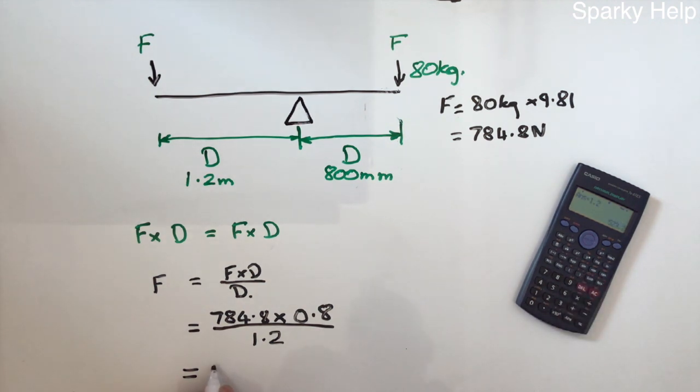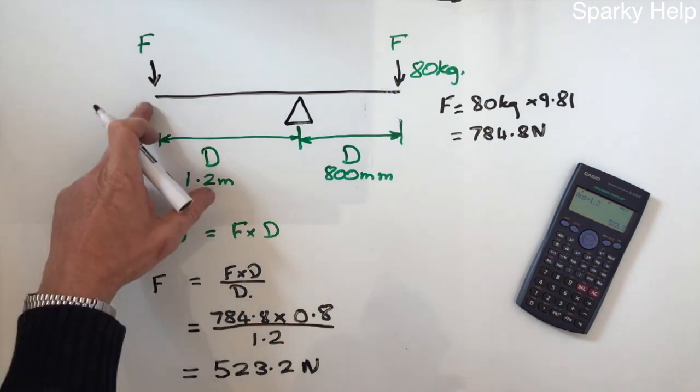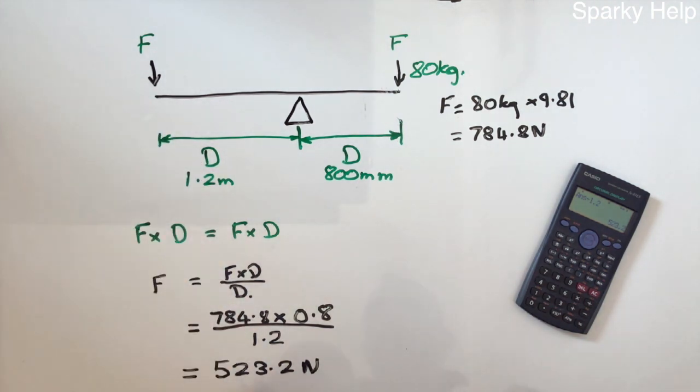And that comes to 523.2 newtons is what would be required from the opposite side. If we want to convert this back to kilograms, then we divide it by 9.81.